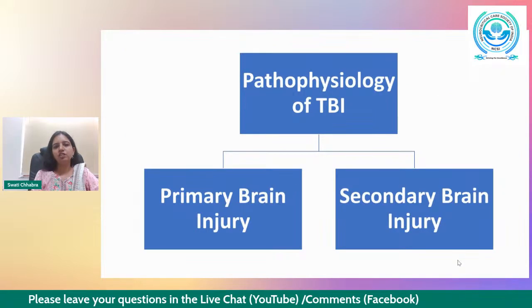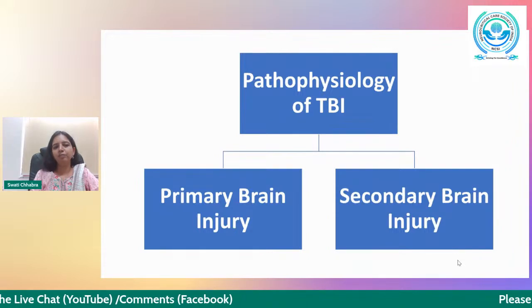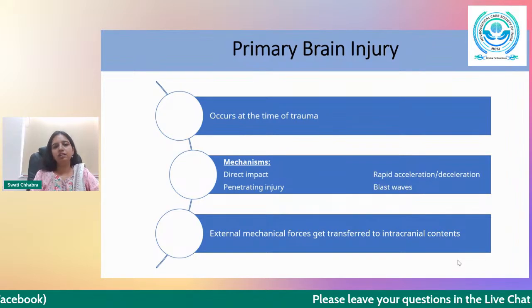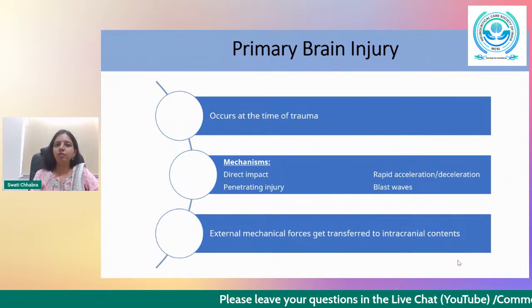As told earlier, in the pathophysiology of traumatic brain injury, we have a primary brain injury and a secondary brain injury. The primary brain injury is the one which occurs at the time of trauma.